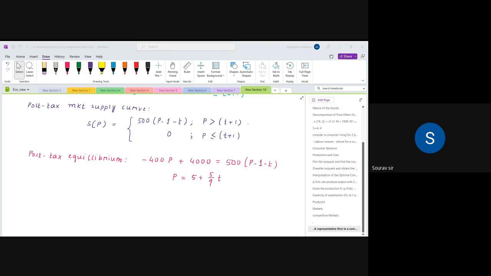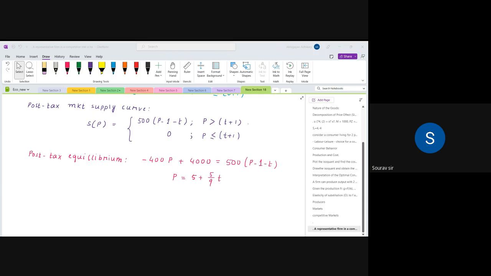Now, one quick observation over here. The government is charging a per unit tax of T on the producers. But what is the effect on the market price? Is the market price rising by T?